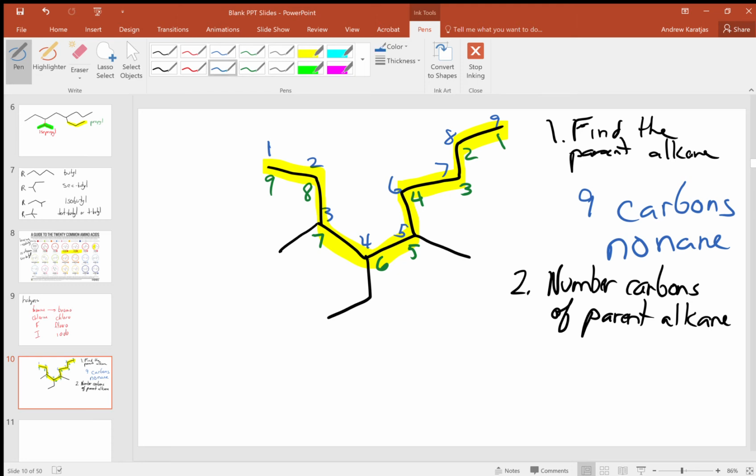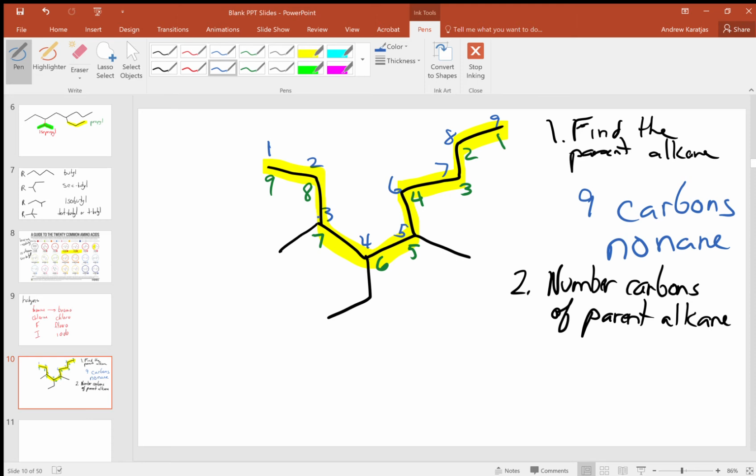Alright, so now we've got our possible methods for numbering this. So let's look at the blue numbers. Using the blue numbers, where is the first carbon that we have a branch on this molecule? This first carbon just has hydrogens and the parent chain. Same thing with the second carbon.